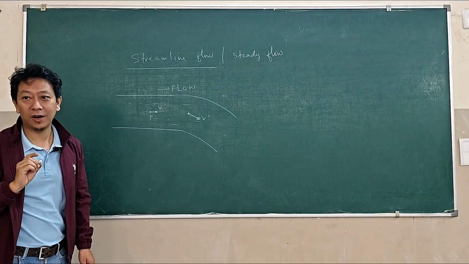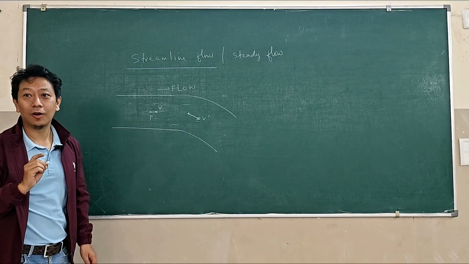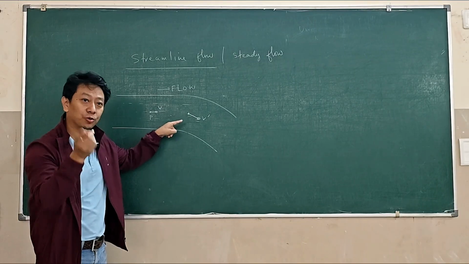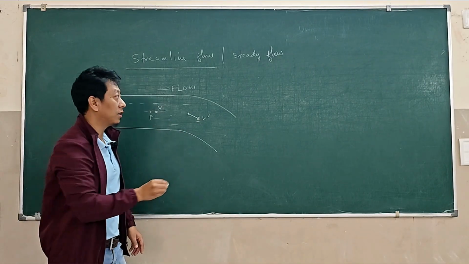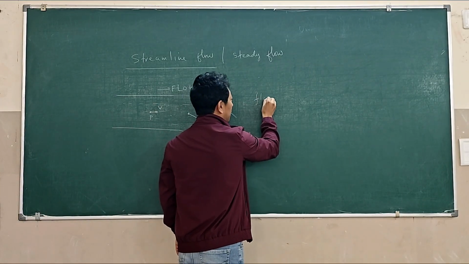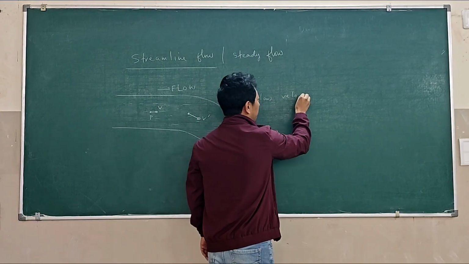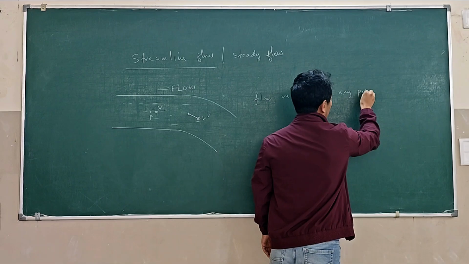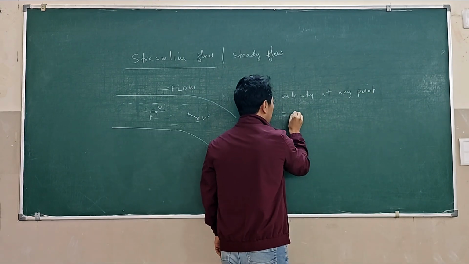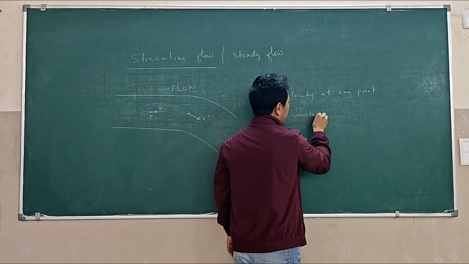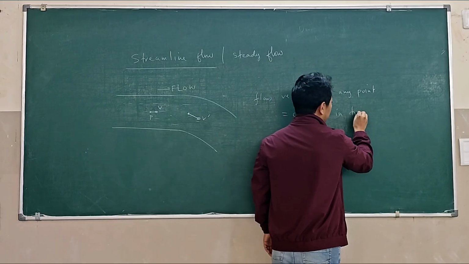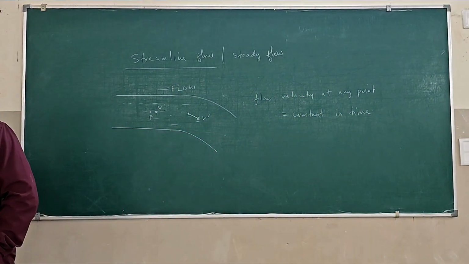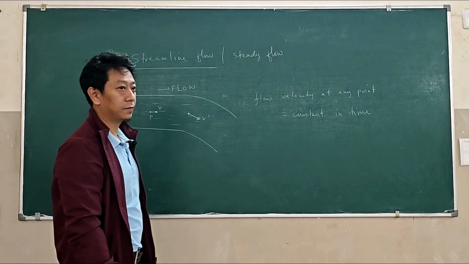But the point is, all the other particles while crossing this point should have this velocity. In other words, the flow velocity at any given point remains constant in time. Understood?